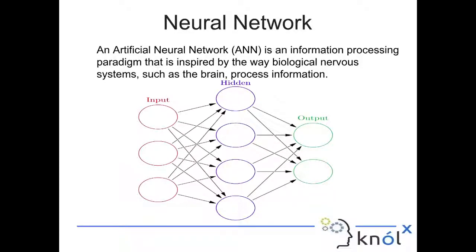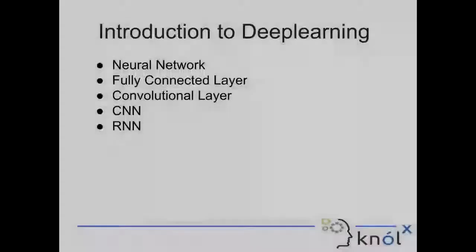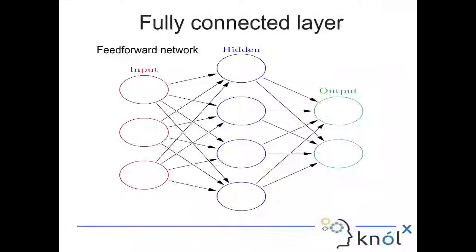Basically, this hidden layer has the same function in every node. This is a fully connected layer neural network. Here you can see this layer is completely connected to each and every node of the next layer, right?